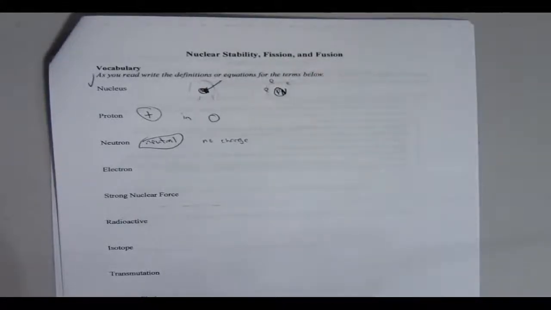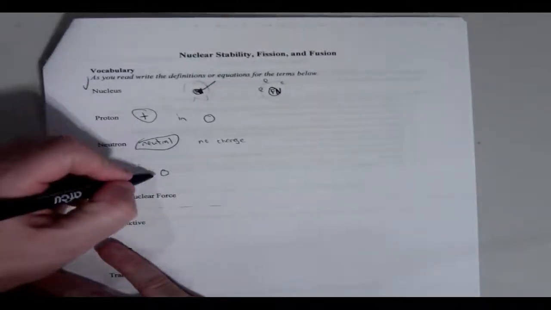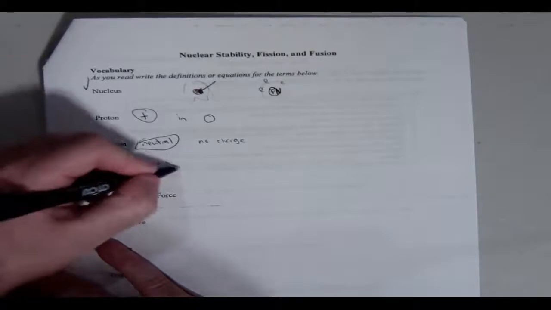Okay, electrons. We talked about this already, right? So electrons are negatively charged subatomic particles that orbit the nucleus of an atom. So, is it in the nucleus? No. It's orbiting the nucleus. And they're negative. So let's break something down. If something gains electrons, it becomes more positive or more negative?